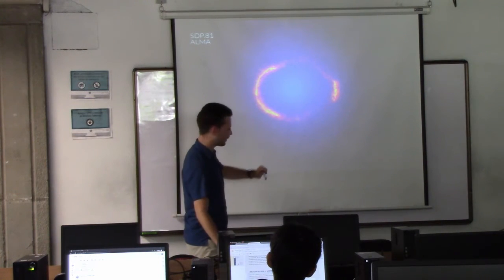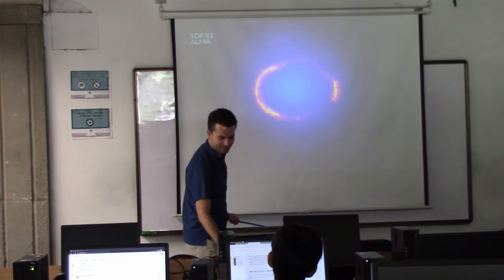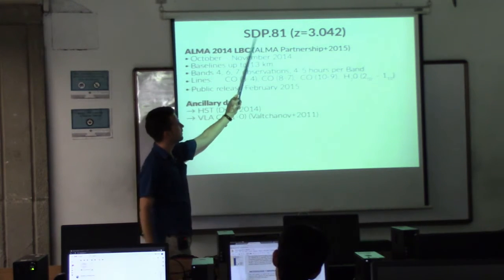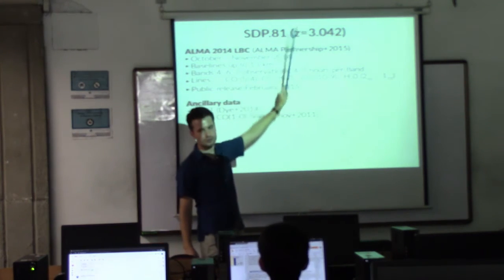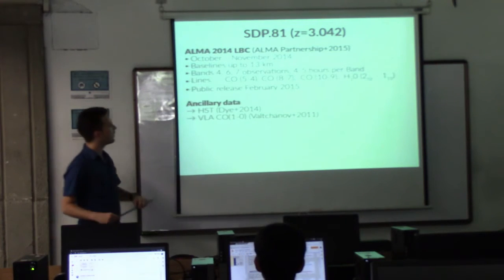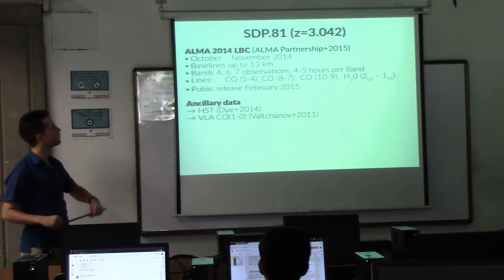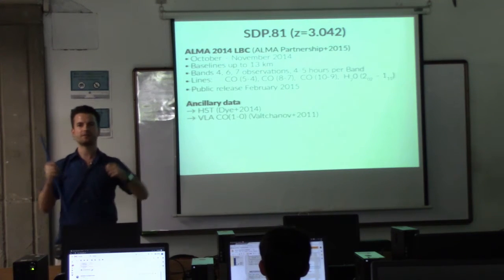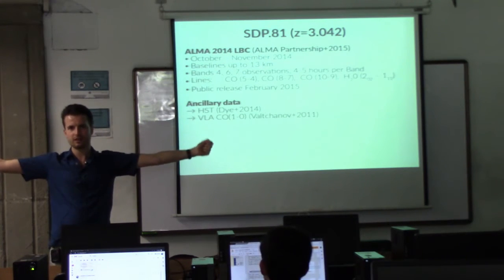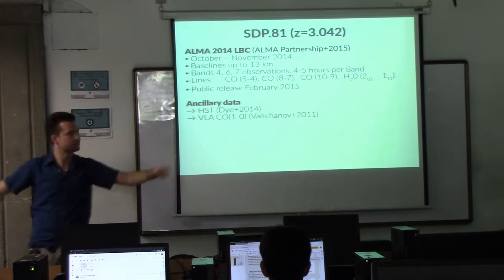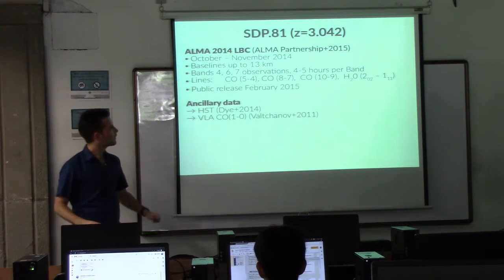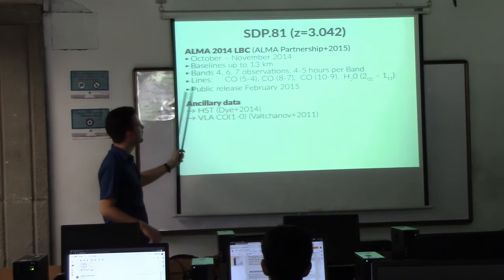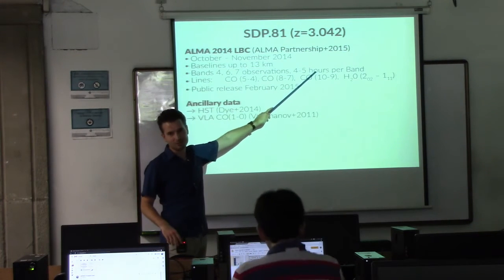Just to talk a bit about this, because I spent a lot of my life on this. So SDP81, the source is at redshift 3.04, and it was targeted in 2014 by the so-called ALMA long baseline campaign, which is the first time ALMA went to the longest baselines and provided the highest resolution it can get. So the baseline was up to 13 kilometers, they used multiple bands with lots of observing time.